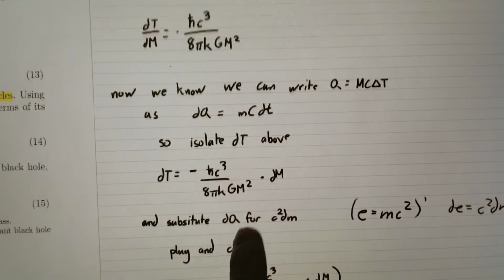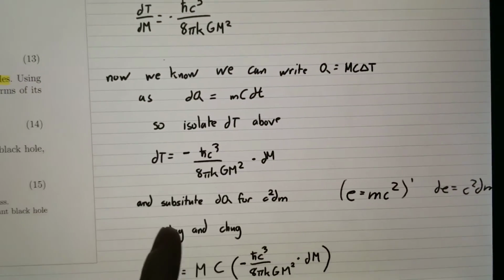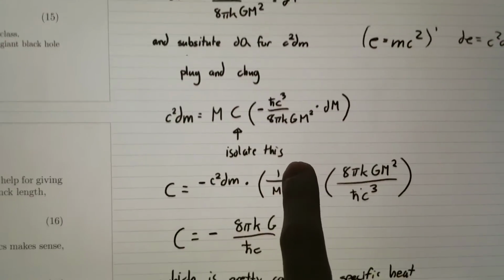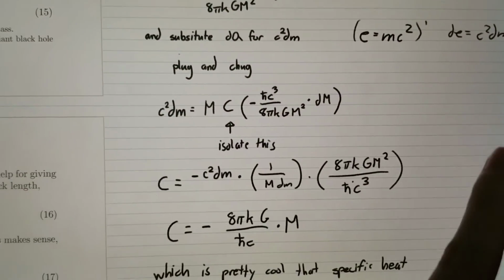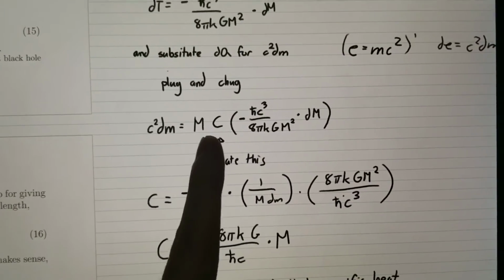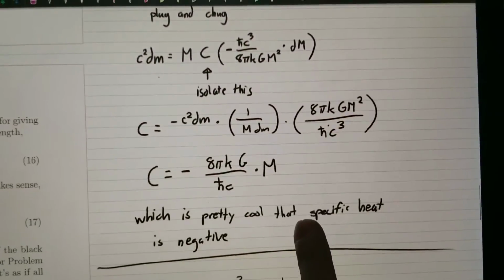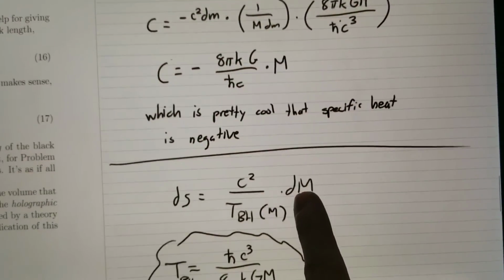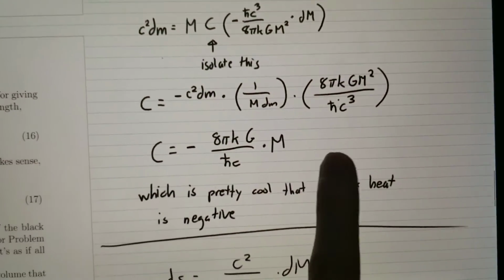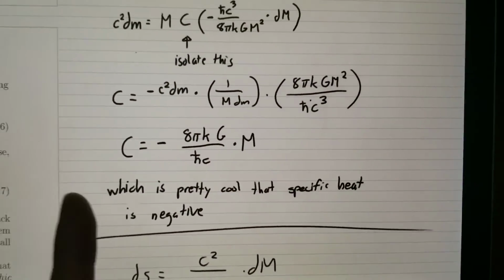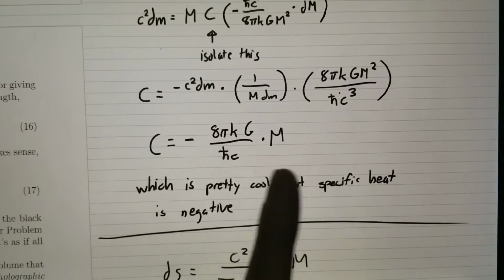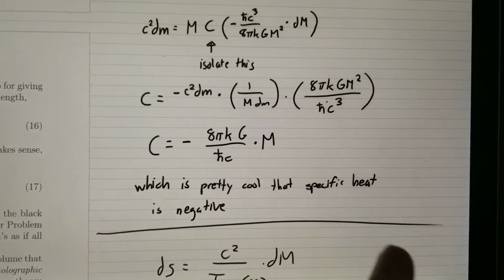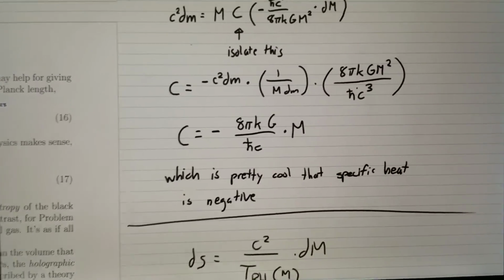So now that we know dQ is equal to c squared dm, and we know that dT is equal to this, we plug and chug into the equation, which looks like this, and isolate out this c value, which I'm pretty sure you guys can solve on your own by pausing this, so I won't waste any more time on that. Until we finally find that the specific heat for a black hole is actually negative 8 pi k G over hc times m, which is really cool since the specific heat is actually negative in this case after all that work.